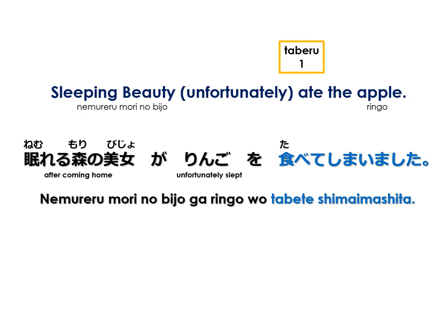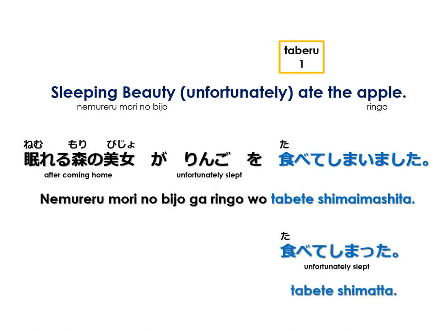And in plain form, nemureru mori no bijo ga ringo o tabete shimatta. Again, there is the feeling of regret here that she did the wrong thing by eating the apple.